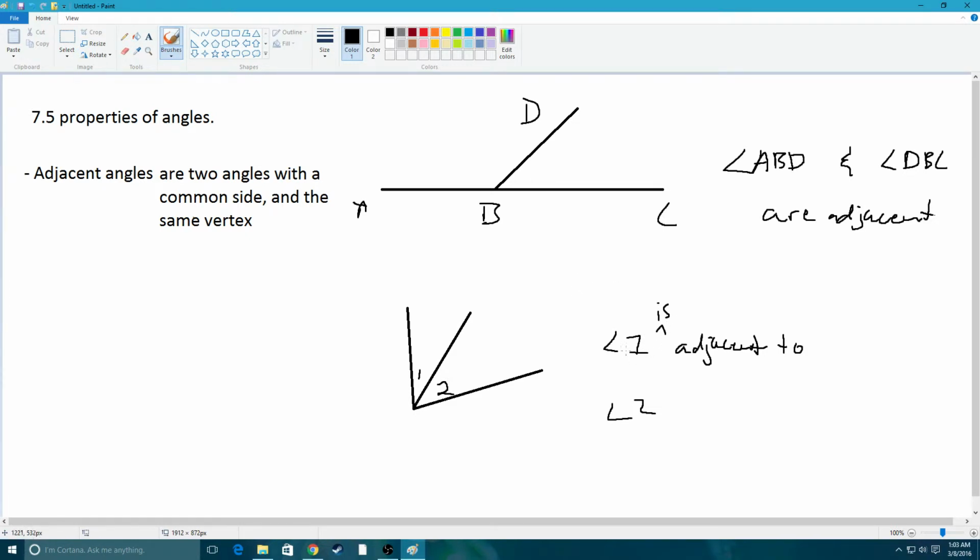So angle 1 is adjacent to angle 2. Okay? So that's adjacent angles.